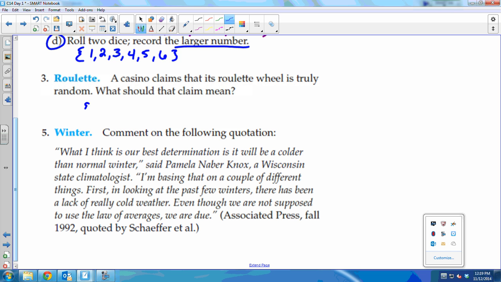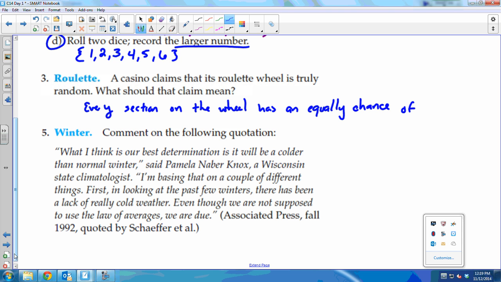Every section on the wheel has an equally likely chance of being selected, even if it's landed on before, each spin. So again, theoretically you could get 00 10 times in a row. Equally likely chance each time if it's truly random.